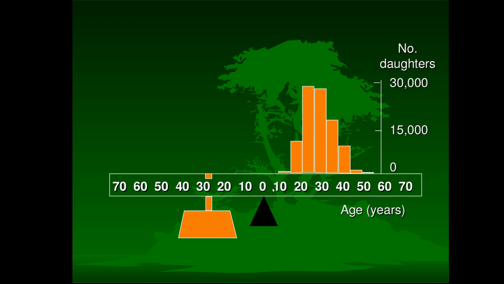Okay, if you had a ruler to represent the age of all individuals in the population, well, the age from 0 to 70 in both directions.